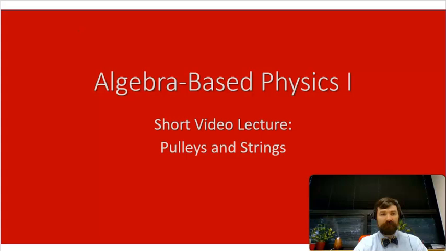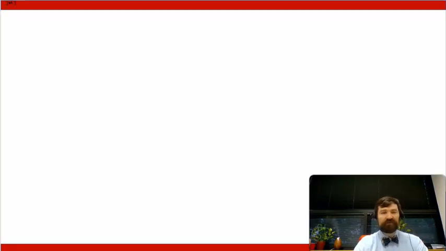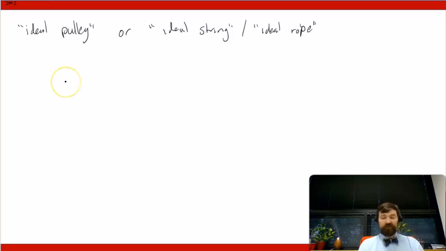and what do pulleys do within a system. Now, one of the things that we usually make as an assumption in physics, we need not make it, but it makes the problem simpler to make this assumption. So for good purposes being introduced to this is the idea of an ideal pulley or an ideal string. This simplification basically means that the pulley is massless and frictionless, and that the rope is massless.